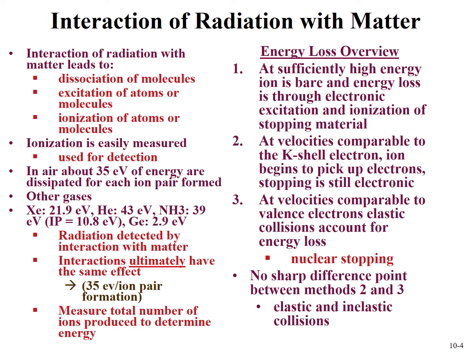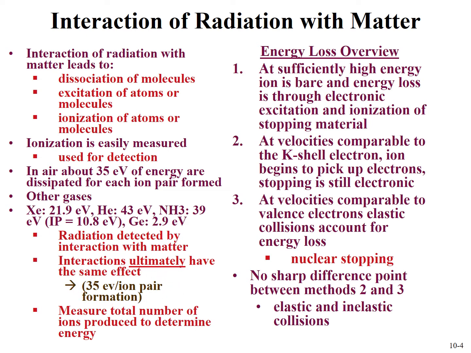Germanium, which is used in gamma detectors, has close to 3 eV. So this radiation, when it comes in, is detected by the interaction with matter. They ultimately have about the same effect, so 35 electron volts per ion pair formation.